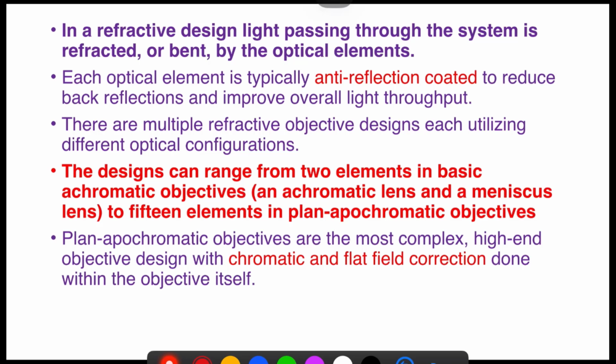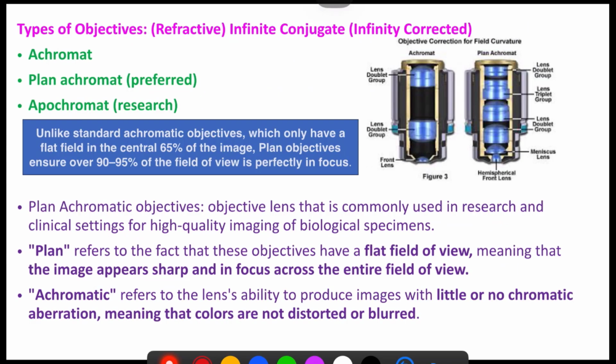This design can range from two elements in a basic achromatic objective, an achromatic lens and a meniscus lens, to 15 elements in plan apochromatic objectives. Plan apochromatic objectives are the most complex, high-end objective design with chromatic and flat field correction.